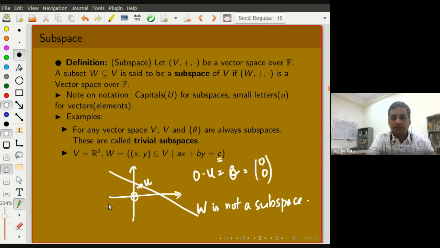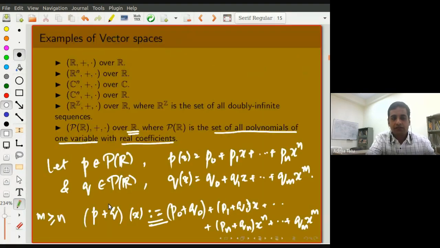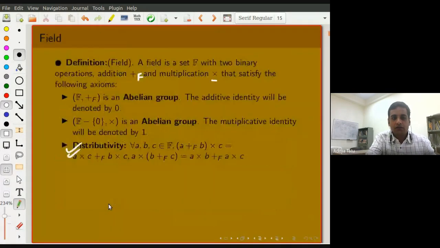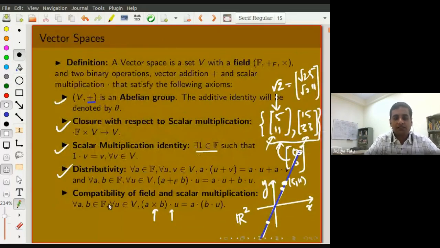In principle, we are supposed to check all these properties. Now think about this. This is again analogous to the subgroup case. How did we define subgroups? A subgroup is nothing but a subset of the group which is itself a group. That is the definition, isn't it?